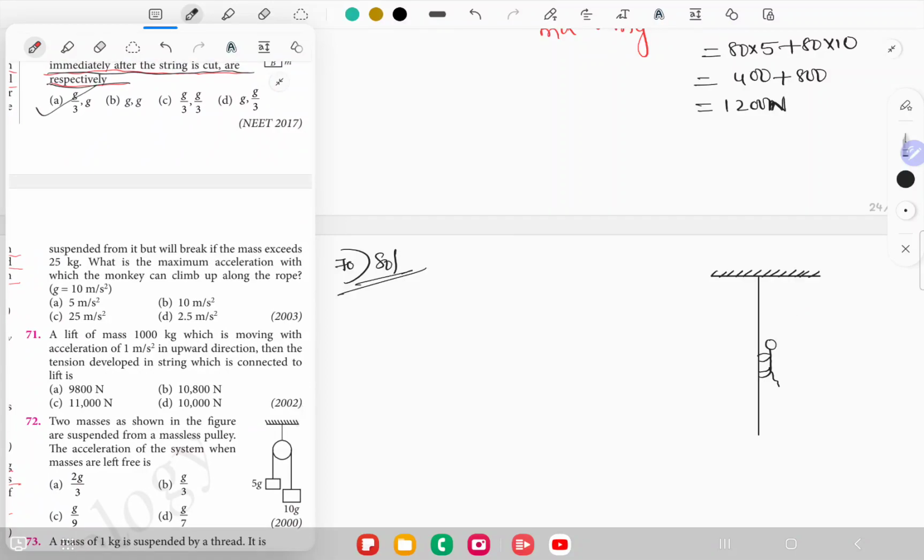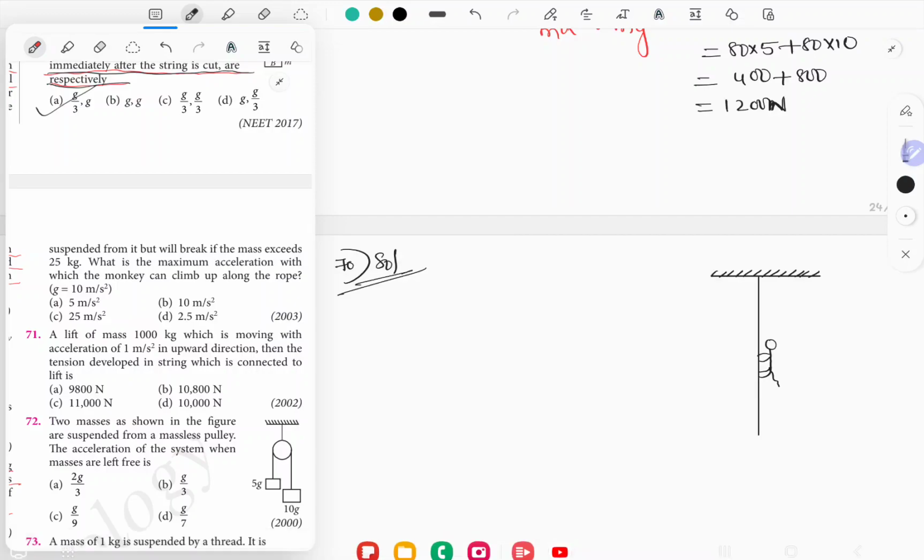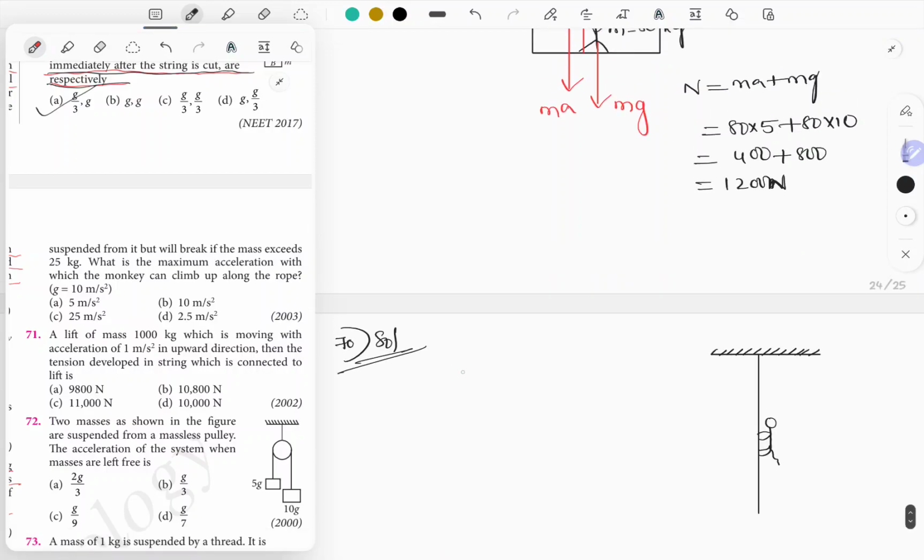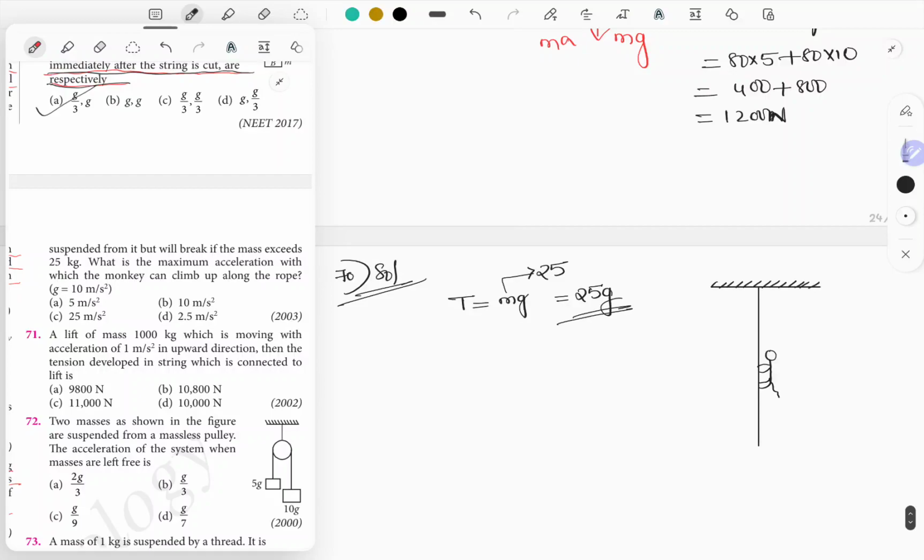What does it mean, sir? Tension should not be greater than 25 into g. That is the meaning. They have given mass, not the tension and not weight. So that means T is equal to m into g, and this value they have already given, that is 25. This is the maximum limit. 25 into g is the maximum tension in the string.